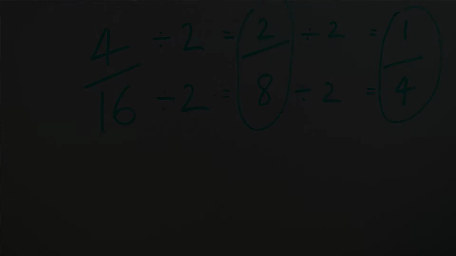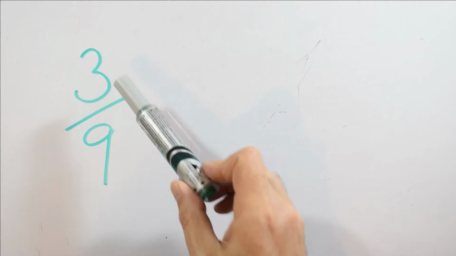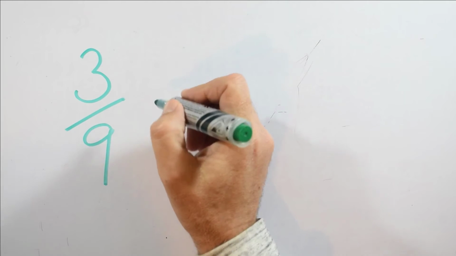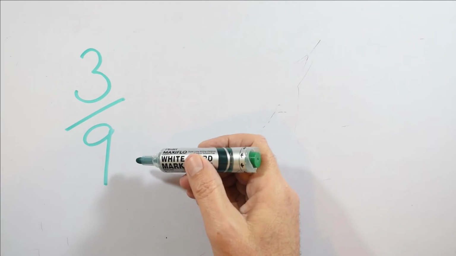Absolutely we can. Okay, what if we had something like 3/9? We're thinking about a pie or something that's been chopped into 9 pieces, and we're talking about 3 of those pieces. Now, some numbers can only be divided up in simple ways. So there's only a few ways I can divide these numbers up.